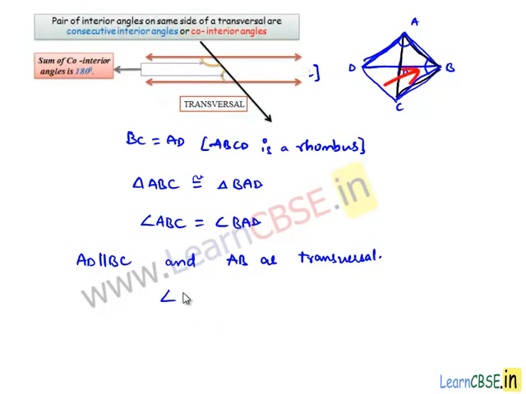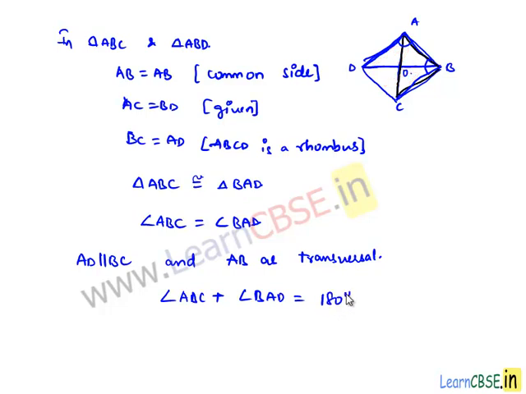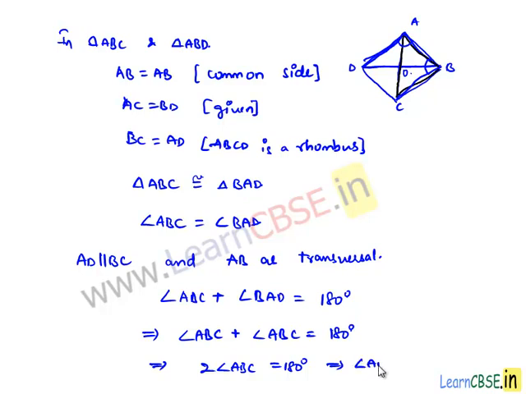We can say angle ABC plus angle BAD is equal to 180 degrees, and we can replace angle BAD by angle ABC. That implies angle ABC plus angle ABC, which is 2 times angle ABC, is equal to 180 degrees, which implies angle ABC is equal to 180 degrees by 2, which is equal to 90 degrees.